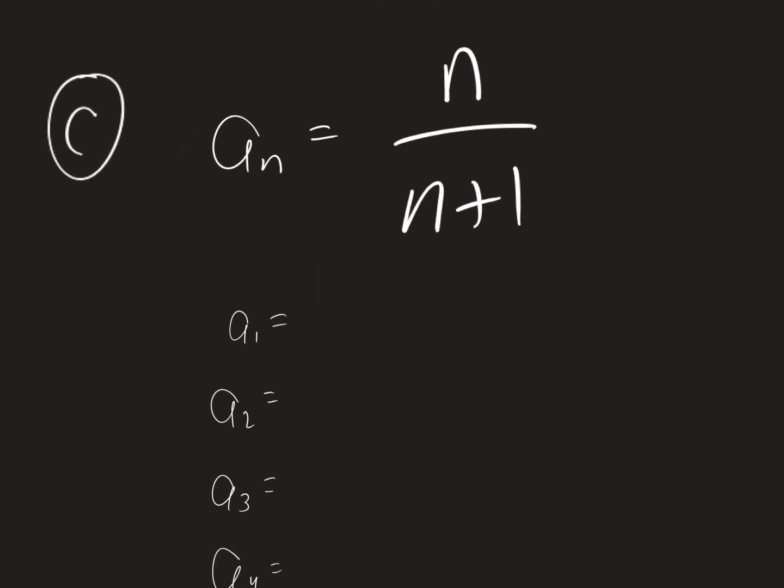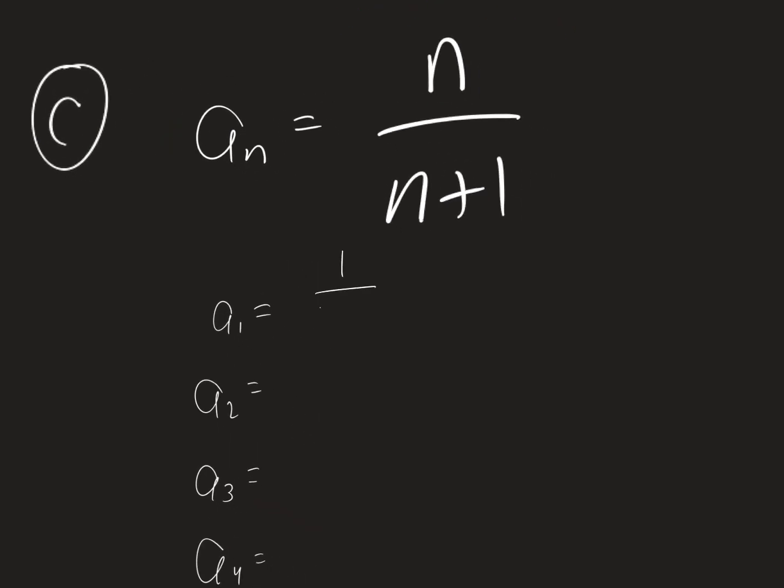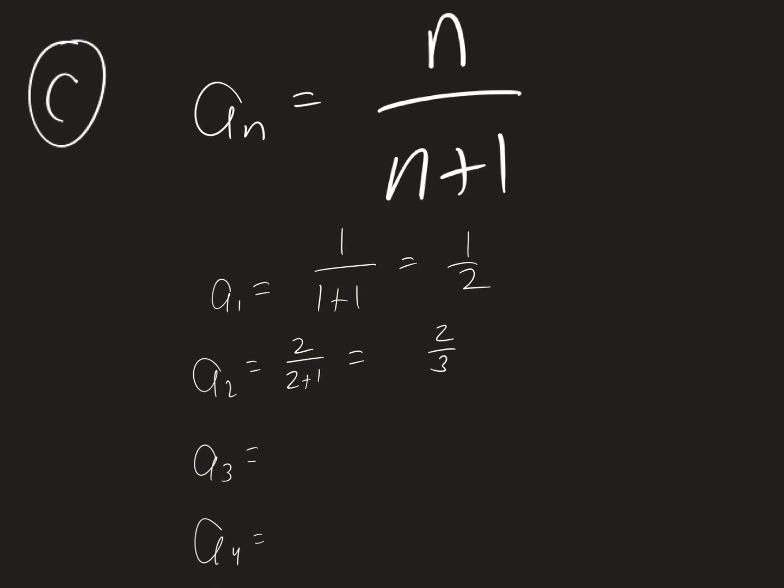Just be careful. So I'm going to say the first term is 1 over 1 plus 1, which equals what? Okay, so 1/2 is our first term, right? So now I'm going to plug in 2 for my n. So I have 2 over 2 plus 1, which equals 2/3. Then I'm going to plug in 3.